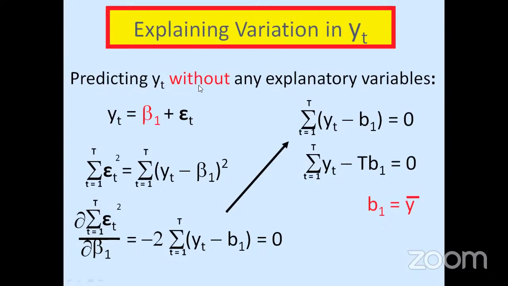So predicting y_t without any explanatory variables, how do we do it? We have a general form of equation: the response variable at time t is beta 1 plus e_t. We have to do some second order differentiation, and then estimate this beta 1 by minimizing it to 0. So b1 is equal to y dash.